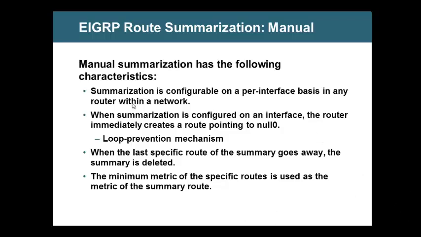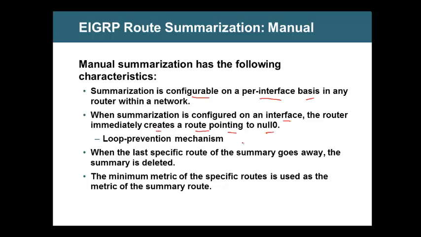So manual summarization has the following characteristics. Summarization is configurable on a per interface basis. That's what I mean, summarization at any point. When summarization is configured on an interface, the router immediately creates the summary route pointing towards null 0.